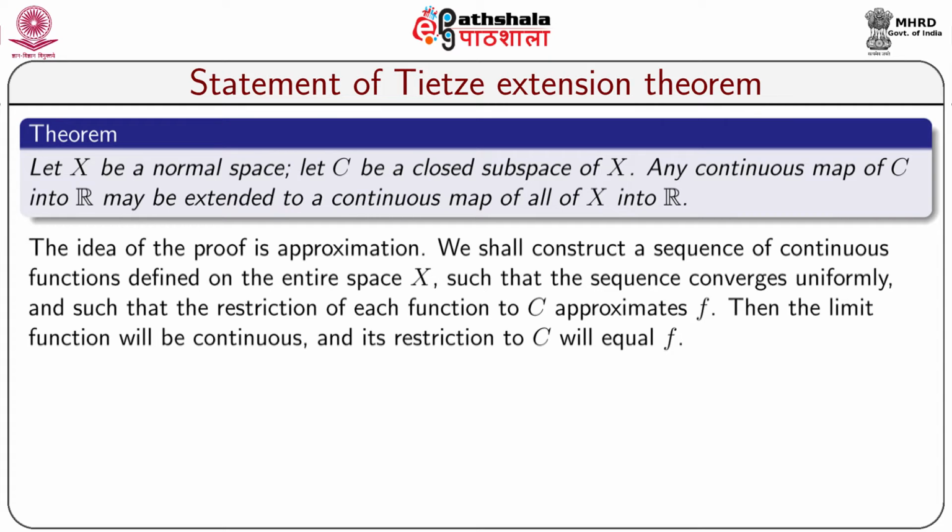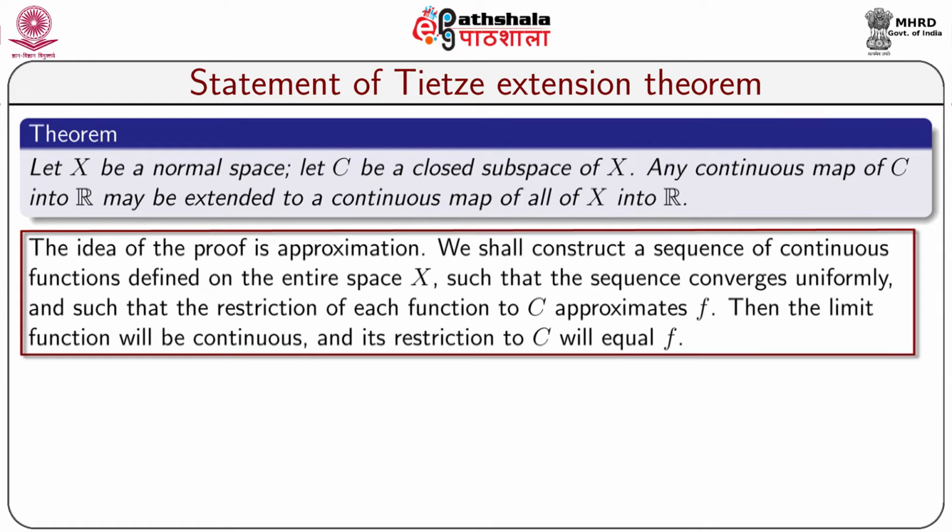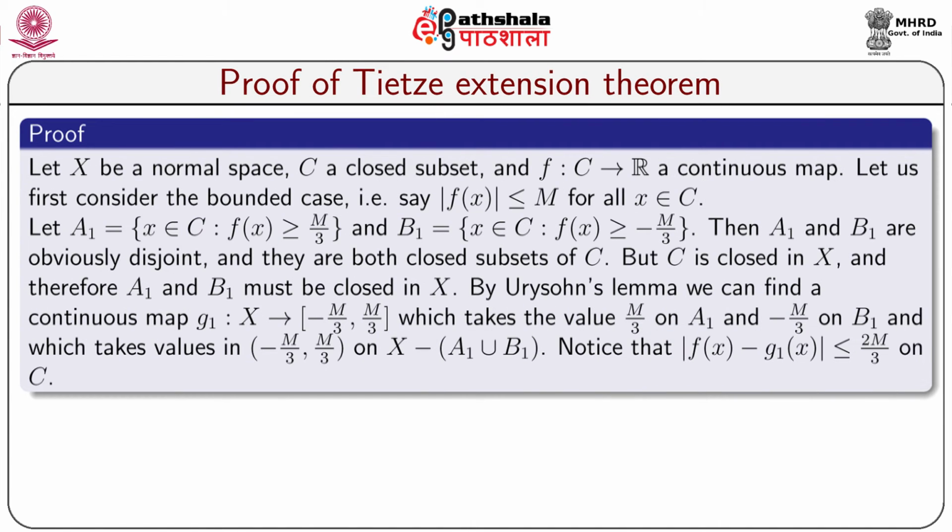Now, coming to the proof of this theorem, the basic idea of the proof is approximation. We will make a sequence of continuous functions and then we will take their sum such that the sum will ultimately be equal to f. So, let us come into the proof.